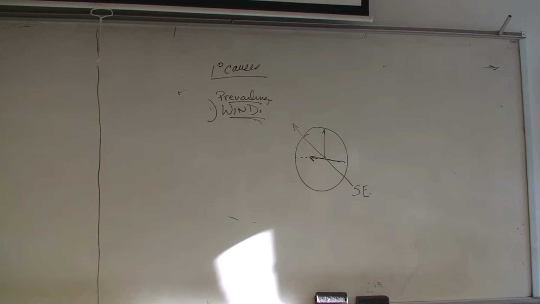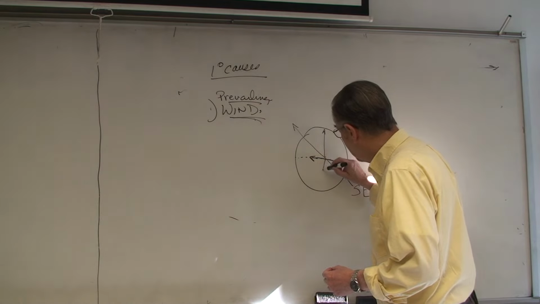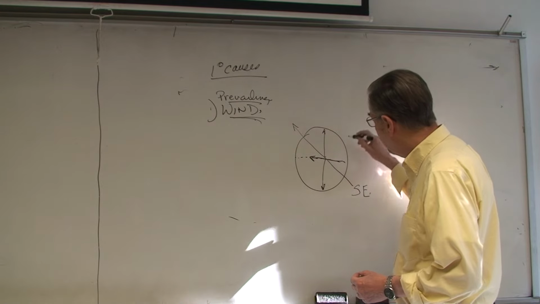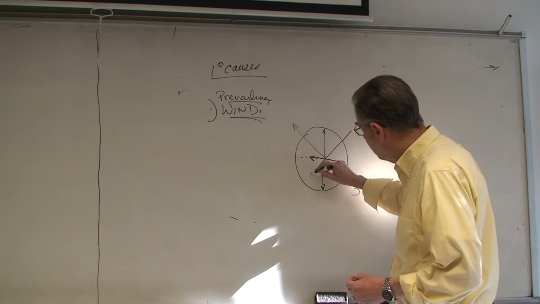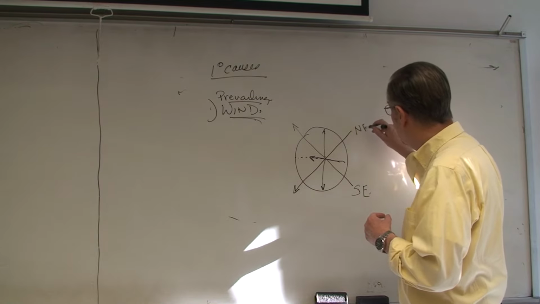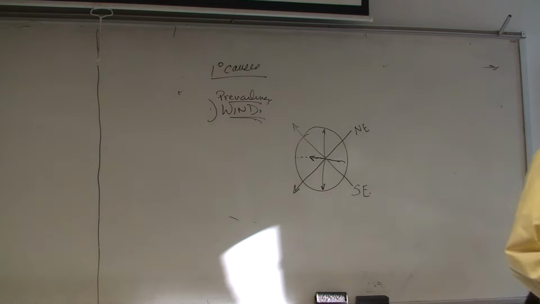Winds are named from the direction they originate. So this is a southeasterly wind. And then, since we have to consider the southern hemisphere as well, we have the force going this way and the force going that way. This produces a northeasterly wind.